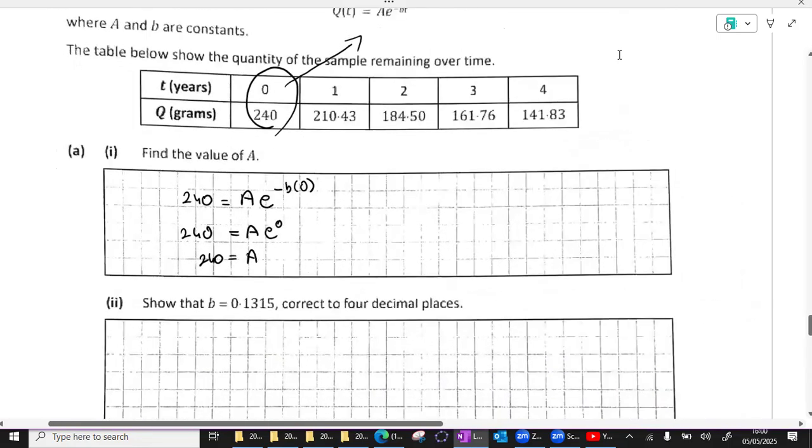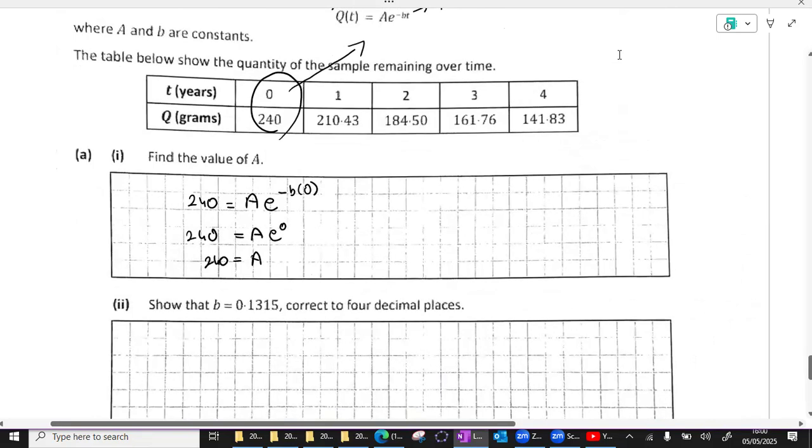It then says show that B is 0.1315. So I'm basically going to do exactly the same thing, only I'm just going to move to the next one. So in the place of Q of T, I'm going to put 210.43 equals. I now know A is 240.